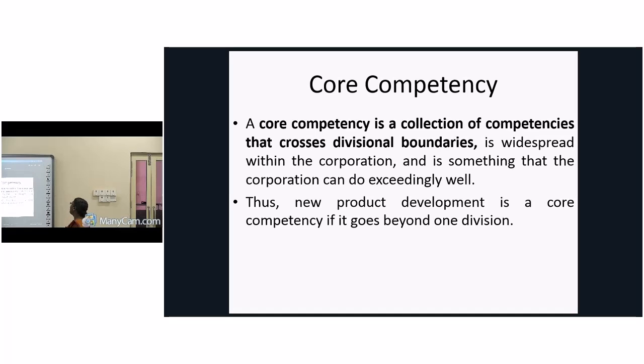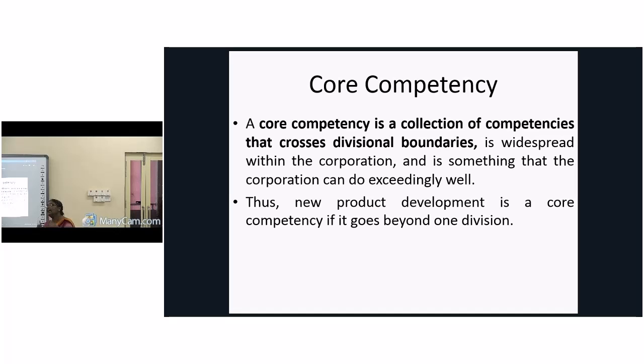So, core competencies, for example, new product development. New product development is a core competency. Why? It integrates most of the several functional departments together.